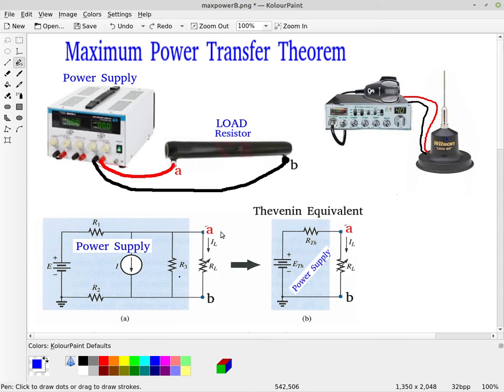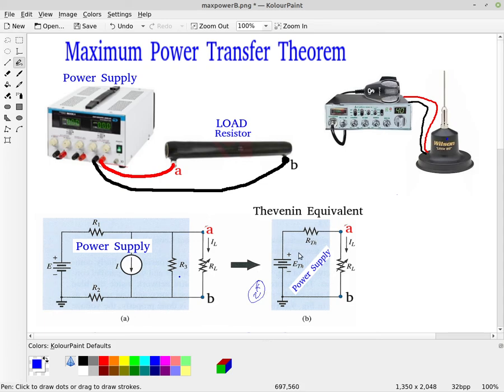Thevenin says that we can take everything inside of this blue rectangle, all this complex stuff going on, and simplify it down to a DC voltage supply, or if you're doing AC, an AC voltage source. Thevenin works for either one.